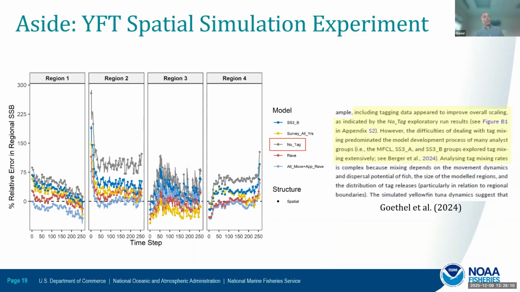And so even with all these issues with the tagging data, the model was genuinely better off when the tagging data was included, even though there were issues with tag mixing and representativeness. I don't think you can take this finding and apply it to all situations, but I think it's an interesting aspect of using tagging data and how powerful it is for estimating movement and mortality, even with some of the limitations.